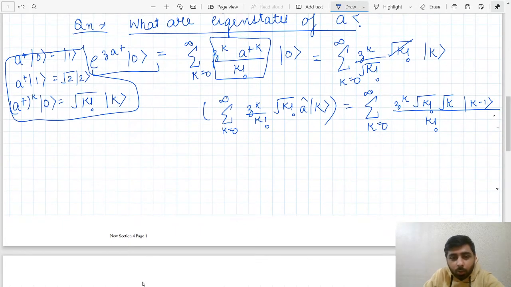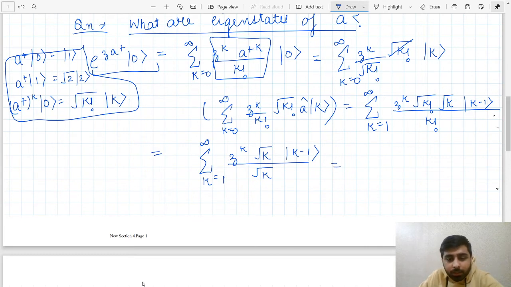Okay, so now let's do something which is a little tricky to get in the first place. First of all, we have to remove this k equals 0 starting point, because then it will become a negative state and this won't make any sense. So k equals 1 to infinity, z to the power k, square root of k minus 1 upon square root of k.